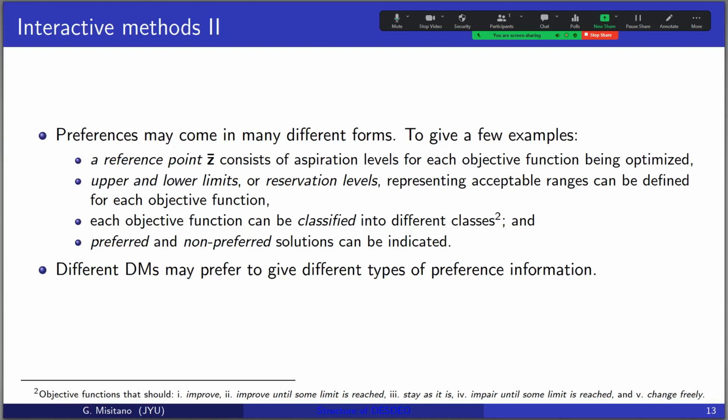I have given a couple of examples on these slides, and one of the most common ways, at least in my work, is this reference point, where a decision maker can give aspiration levels for each objective function, and these aspiration levels tell which kind of values the decision maker would like to achieve for each objective function. Then we also have simpler references like upper and lower bounds or reservation levels for different objective functions and so forth.